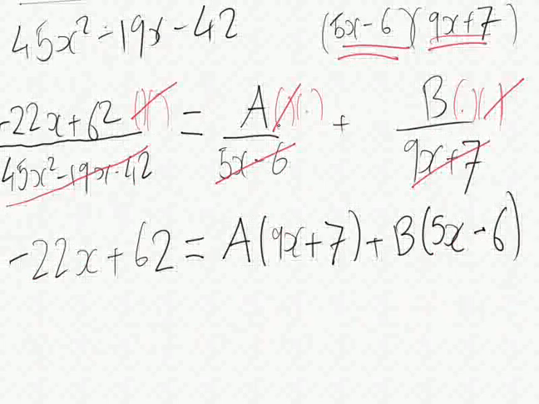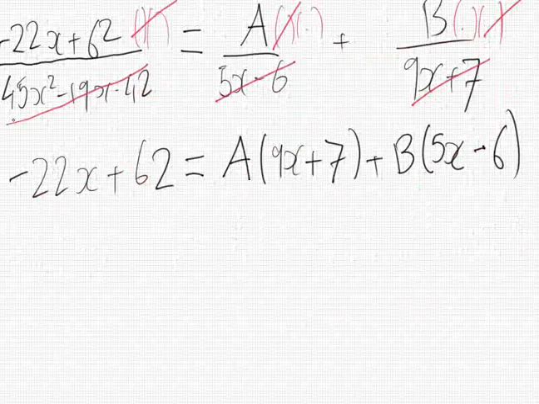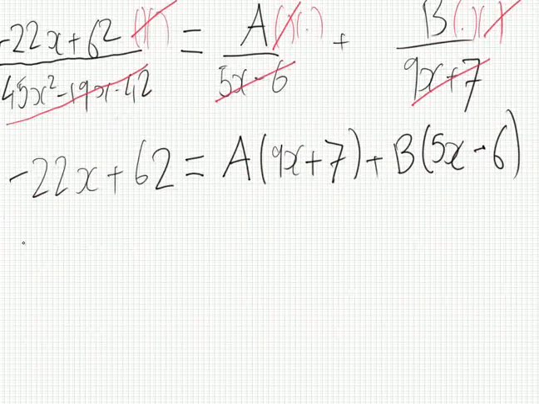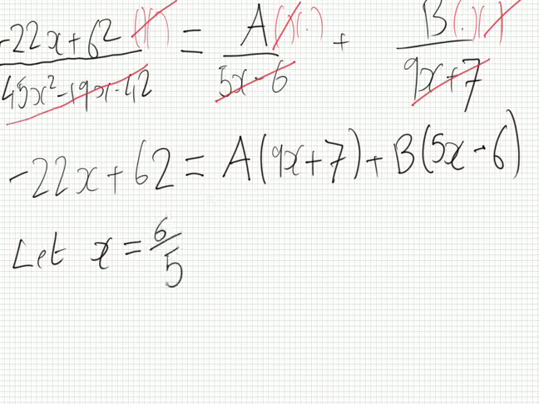Okay. So I'll use the first method now. If I use the first method, what do you think I should let x equal to? Suppose I want to cancel this. Plus 6 over 5. Yeah, 6 over 5.